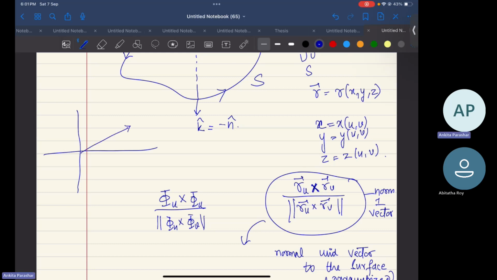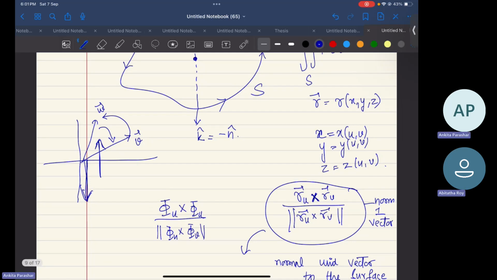If you have one vector v with another vector w, if you are moving from v to w, then you will get a normal vector in one direction, and if you move from w to v, then you will get a vector in the other direction. If you remember the thumb rule I told in the beginning, if you move from v to w, it will be pointing outward, and if you're going from w to v, it will be towards inward.